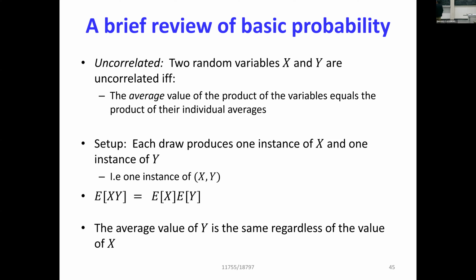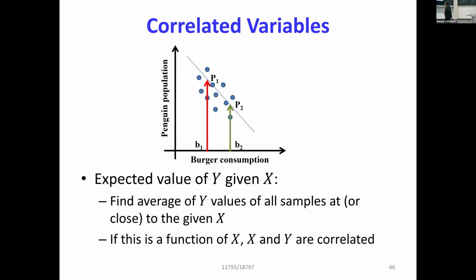But what this really means, this is a very fancy way of saying that the average value of y does not depend on x. So here's this picture again. This is the penguin population versus burger consumption. If I told you that the burger consumption is B1, and I ask you, what is your estimate for the penguin population in Antarctica?